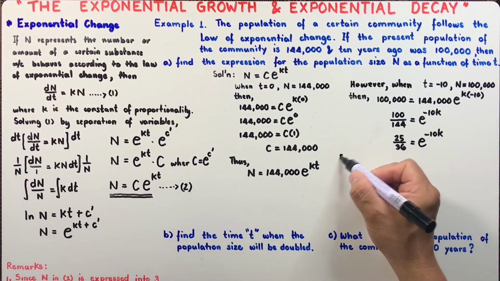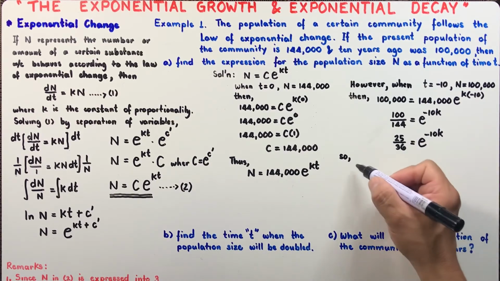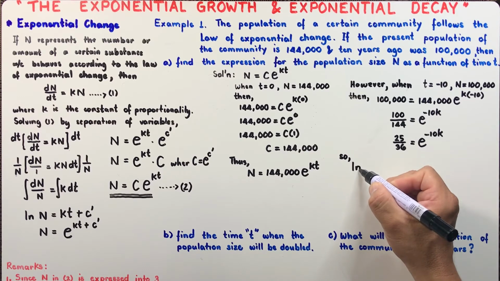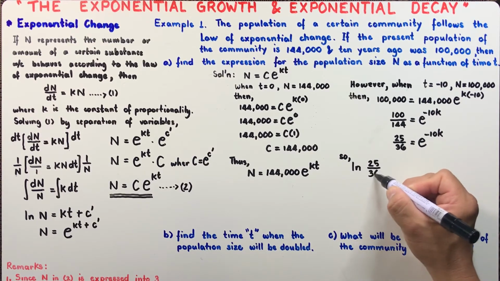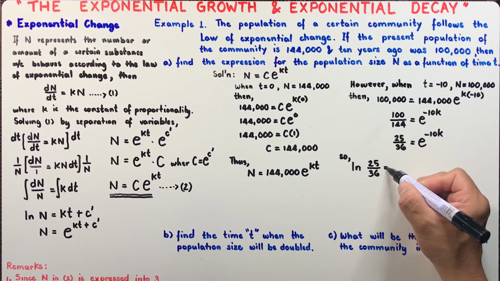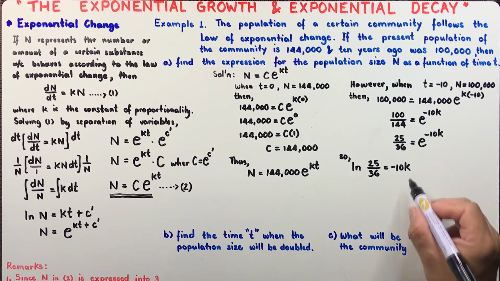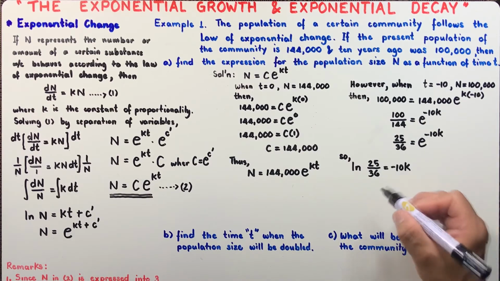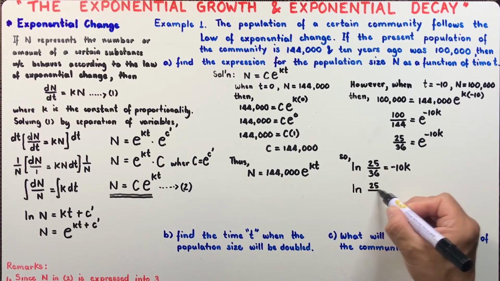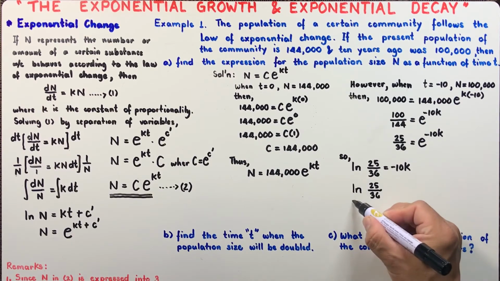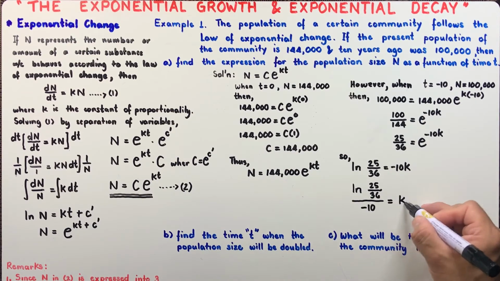So, converting this exponential notation to its equivalent logarithmic form, we have the natural log of 25 over 36 is equal to -10k. And dividing both sides of the equation by -10, we have the natural log of 25 over 36 divided by -10 is equal to k.